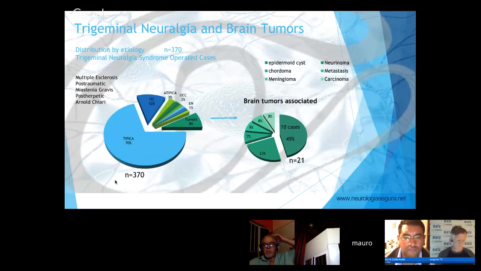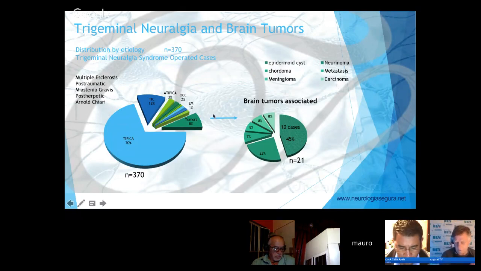And most of you, of course, know that the most important thing is to find or not find a brain tumor: epidermoid cyst or another, like meningioma, chordoma, neurinoma, some kind of metastasis or some kind of carcinoma. It could be another type of tumor.